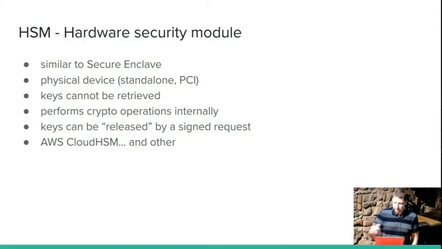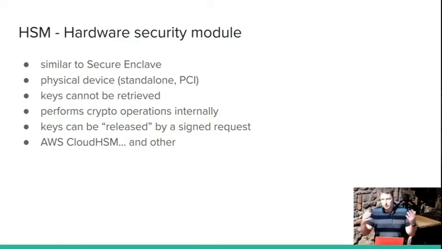So again, it performs the operations internally. You just instruct it to do something. They internally use the keys, but they never reveal them. Usually the release of the key, basically doing the operation, signing or decrypting, is authorized by a signed request.